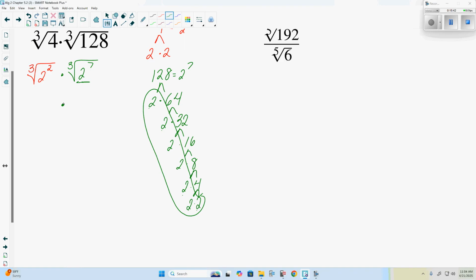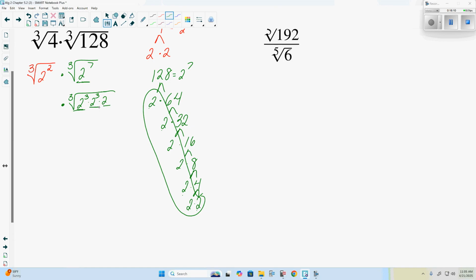So we could, at this point, simplify this a little bit, because this 7 is the same as 2 to the 3rd times 2 to the 3rd times 2. Well, why did I break it up into 3 different terms? Well, again, we're looking for a number times itself 3 times. 2 to the 3rd times 2 to the 3rd times 2: 3, 6, 7.